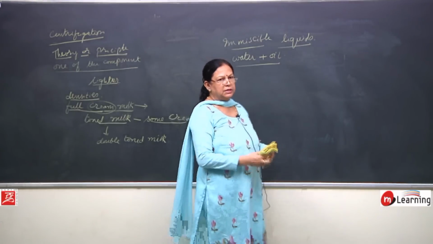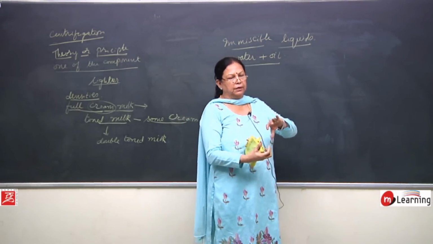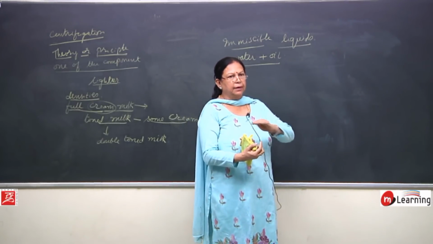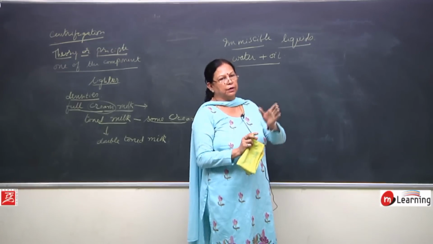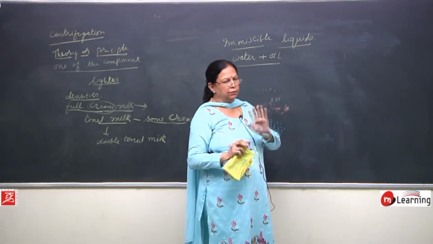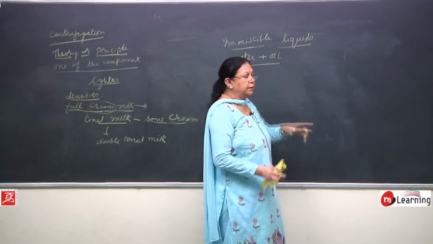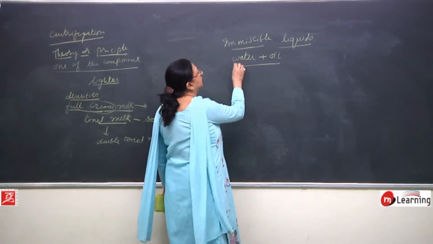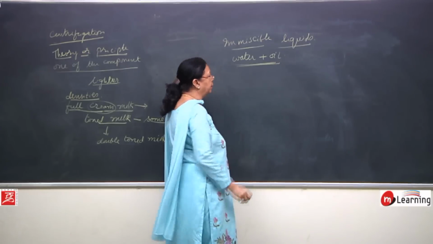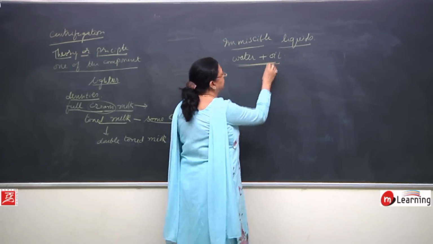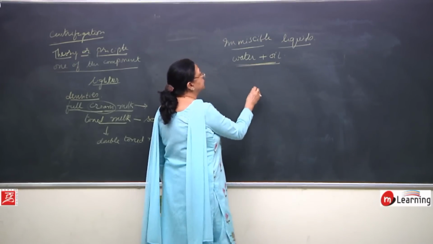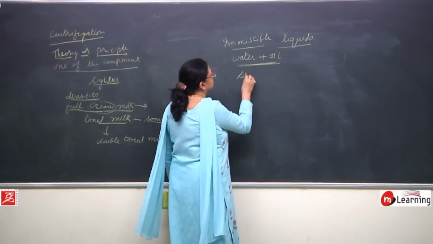If you put some oil in water, then what happens? You will see different layers of water and oil. They do not get mixed up. That is immiscible liquid. Now, if you have a mixture of water and oil and you have to separate them, then what happens?